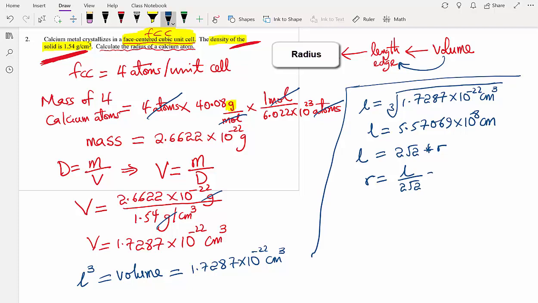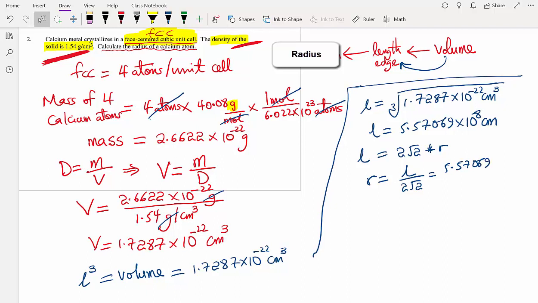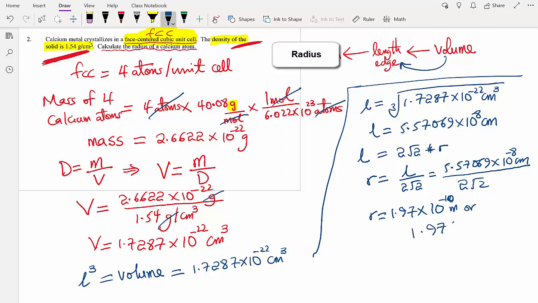Plug in the values. 5.57069 times 10 to negative 8 centimeter divided by 2 root 2 will be equal to r. And if you plug these numbers into your calculator, you will find that r equals 1.97 times 10 to negative 10 meters if you round to 3 significant figures. Now, you can also write this as 1.97 angstroms.